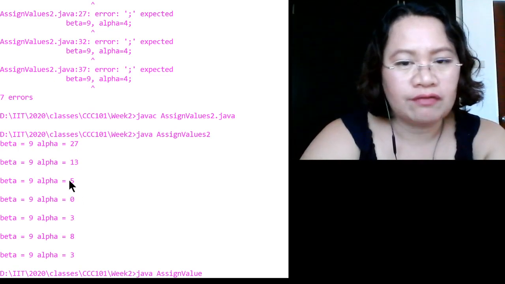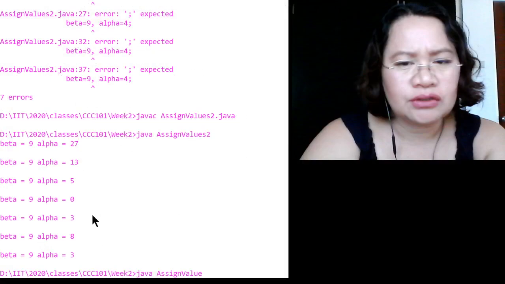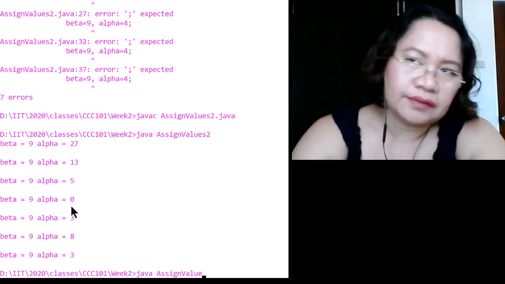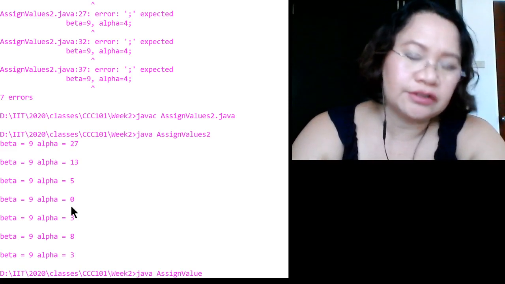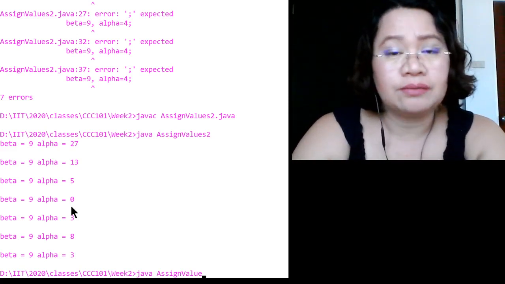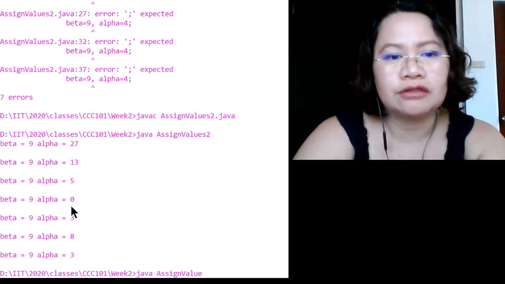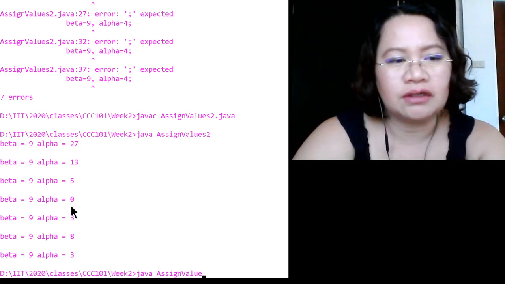So, nahay mong 5 si alpha. And then next, you have alpha divided by beta. So, we said the result is 0. When you divide an integer less than sa iyahang denominator, syempre the result is 0 because the result will be an integer because both numbers to the left and right of the division operator are of type integer.